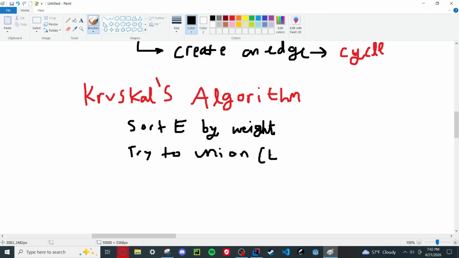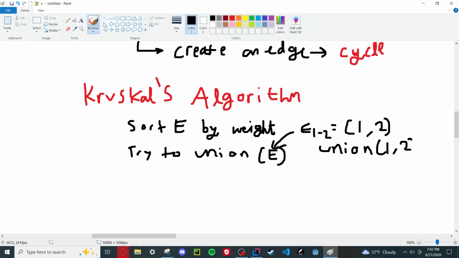an edge, right? And the reason why I'm writing like this, you have to understand that, maybe we're saying edge of 1 to 2. So that's vertex 1, vertex 2. So it's more like me trying to do a union of 1 comma 2. I'm going to try and do that.